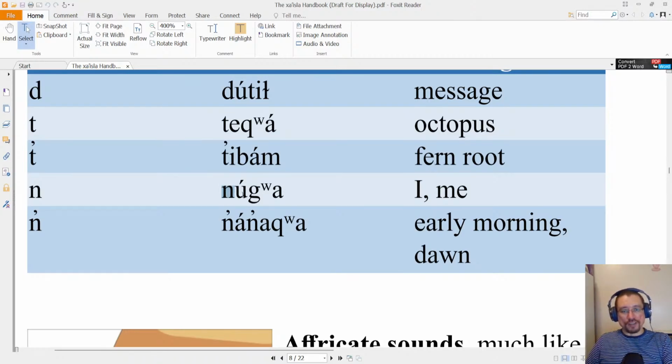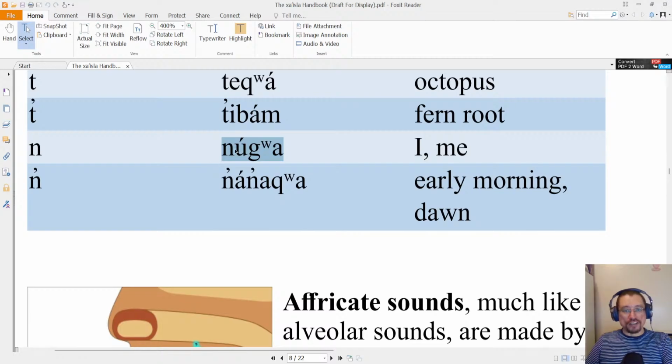That is fairly common in the xa'isla language. It's not really that common to hear the full word nugwa being used.